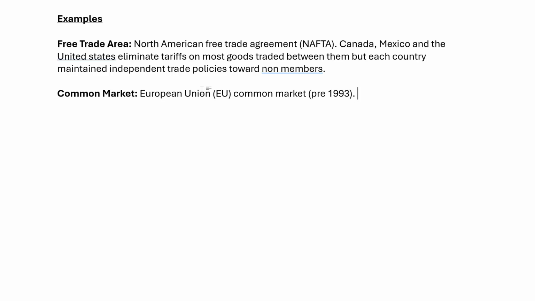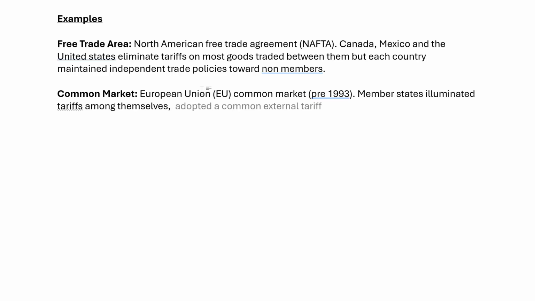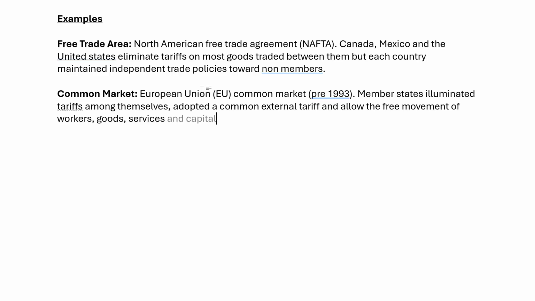Member states eliminated tariffs among themselves, adopted a common external tariff, and allowed the free movement of workers, goods, services, and capital. Yeah, and there you have it.